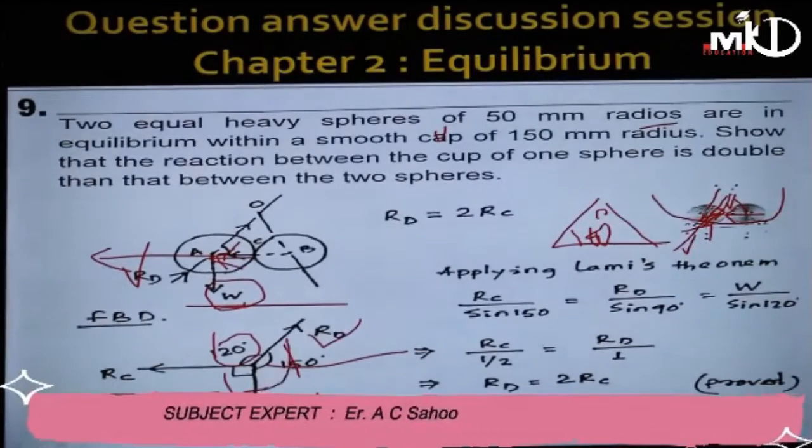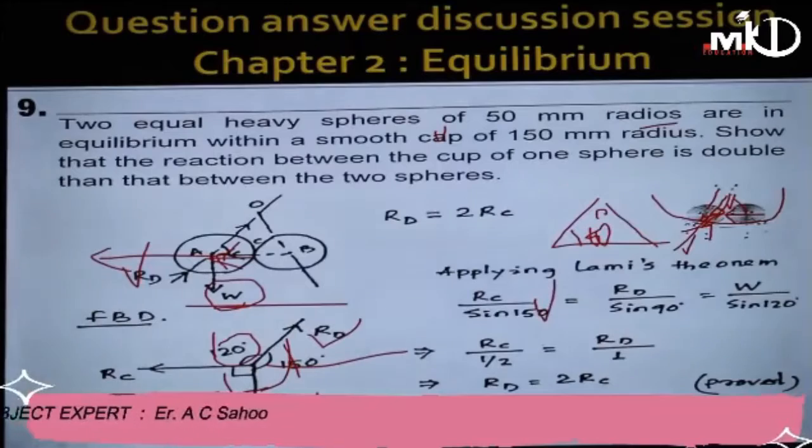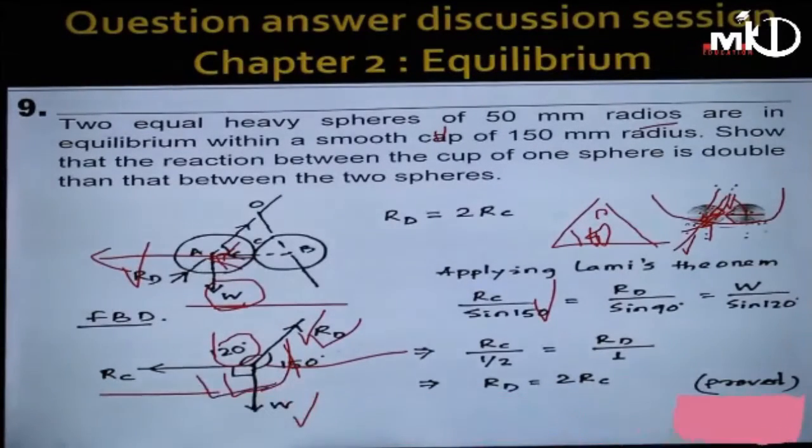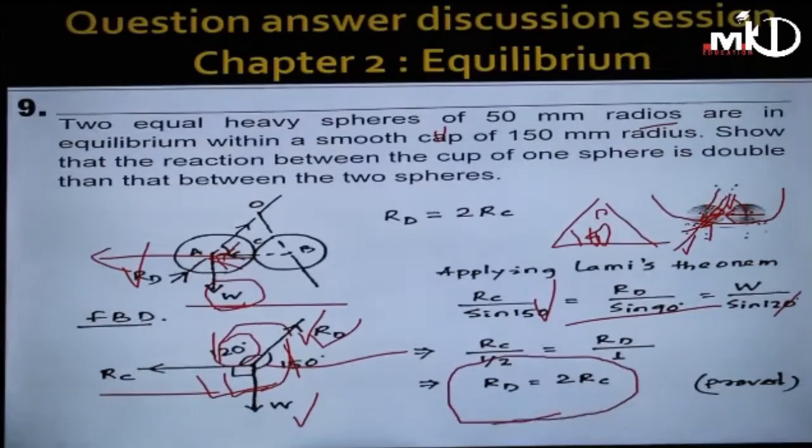RC divided by the opposite angle sin 150 equal to RD divided by sin 90. So RD by sin 90 equal to W divided by sin 120. So after calculation we get definitely RD equal to 2RC. This ensures that the reaction between the cup and one sphere is double the reaction between the two spheres. So come to the next question.